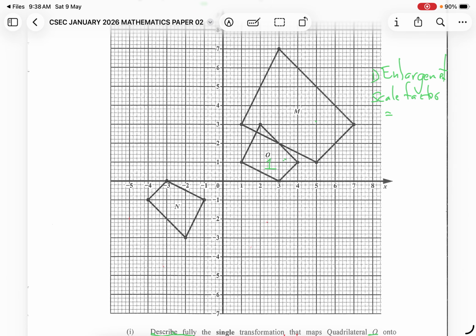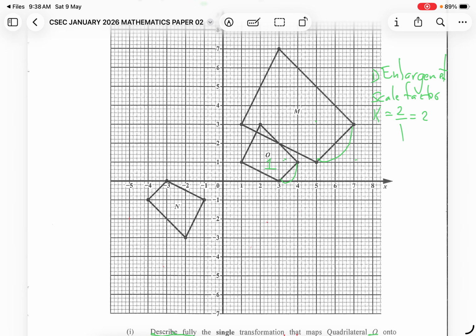So if I look at any 2 sides that correspond to each other, for example, if I take this side and I take this side, and I'm just going to be using counting boxes here. So this one went 1, 1, this one went 2, 2. So I would look at dividing 2 by 1. Why am I dividing? I want to see how many times bigger the image is in comparison to the object. So I'll divide the length of the image by the length of the object and see how many times bigger.